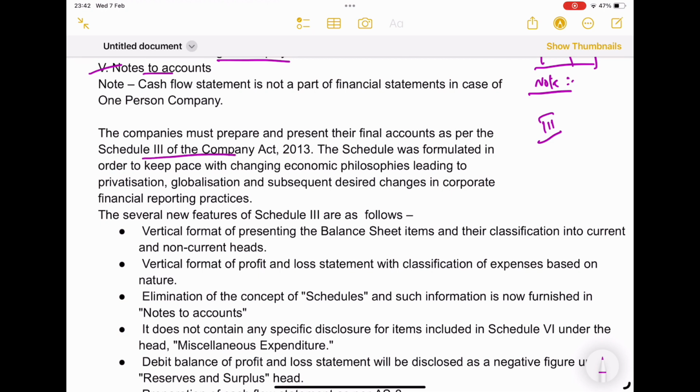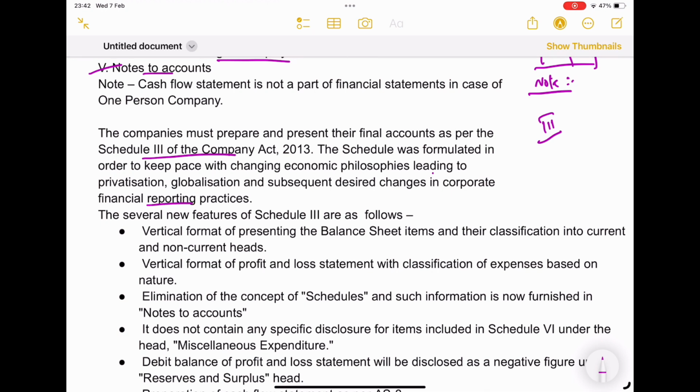That schedule was formulated in order to keep pace with changes in economic philosophies leading to privatization, globalization, and subsequent desired changes in corporate financial accounting.